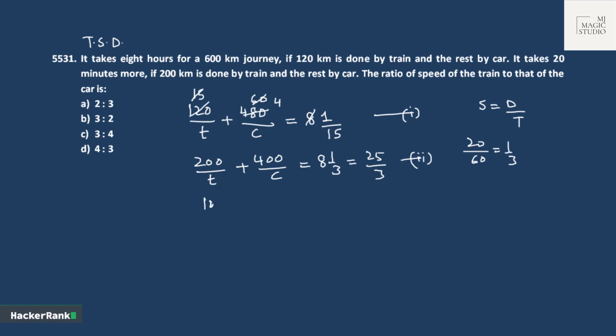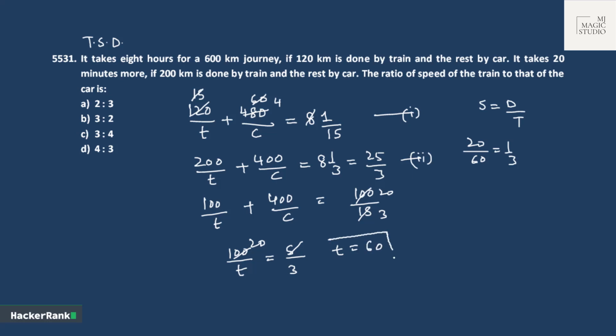So we have 100 by t plus 400 by c equals 100 by 15. 520 by 3, let me subtract. Then 100 by t equals 5 by 3. Done. t is equal to 60. We have got the speed of train, that is 60.